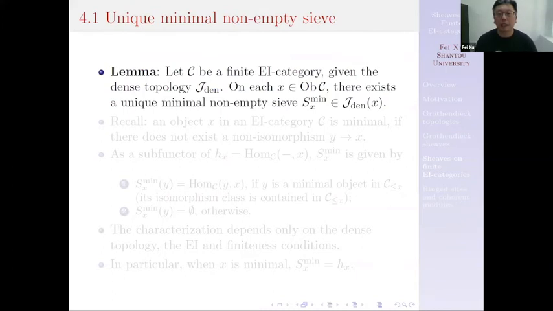So we can write this down explicitly. The key lemma says that given a finite EI category, and we consider the dense topology, then on each object, we can find a unique minimal non-empty sieve.